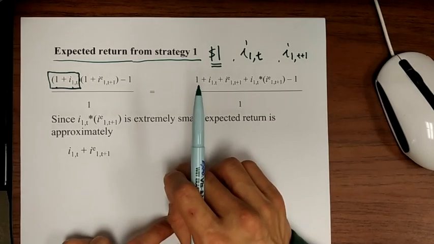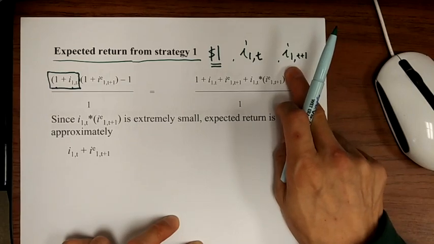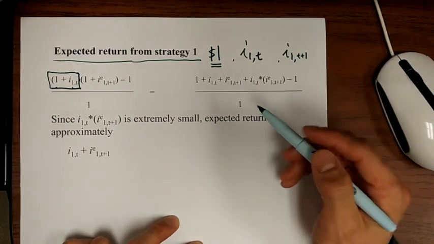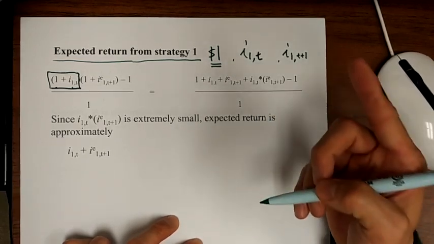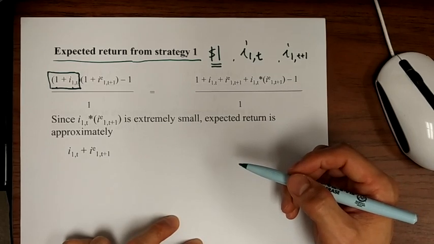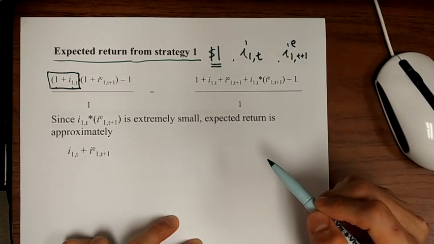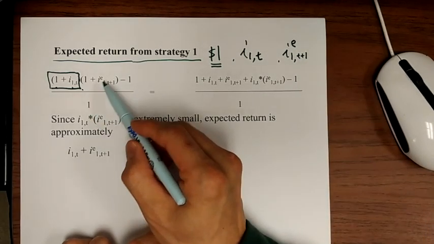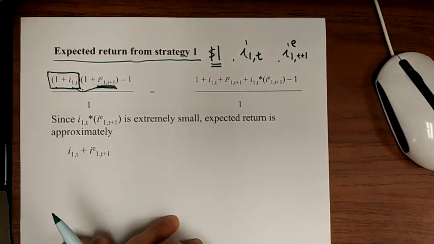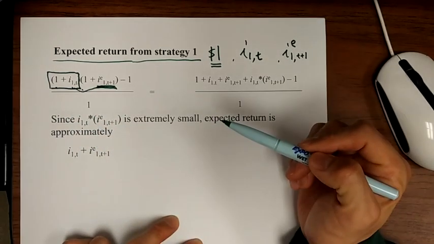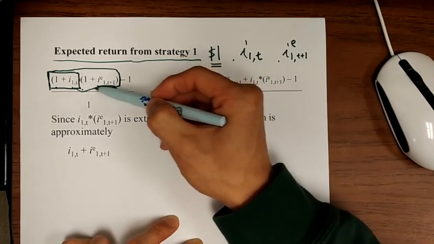Therefore, today, if you choose strategy number 1, do you know the 1-year bond interest rate next period? The answer is no, you don't know, because that bond is not issued yet. Therefore, the only thing you can do is to form an expectation. So if you buy another 1-year bond, you expect to earn this amount of interest, and at the end of the second year, you expect to get this amount of money.